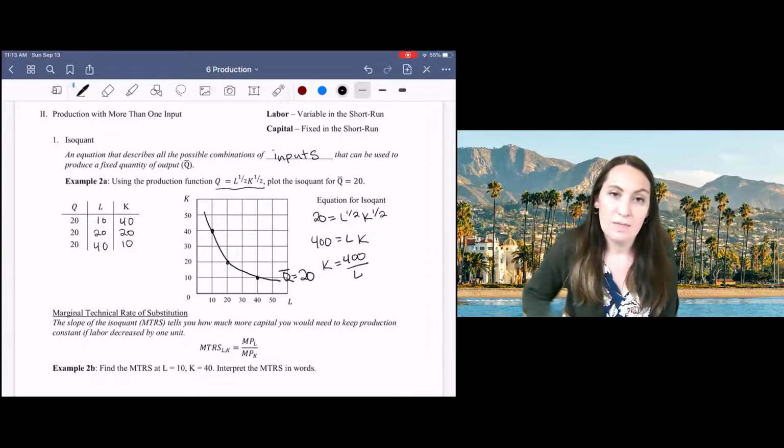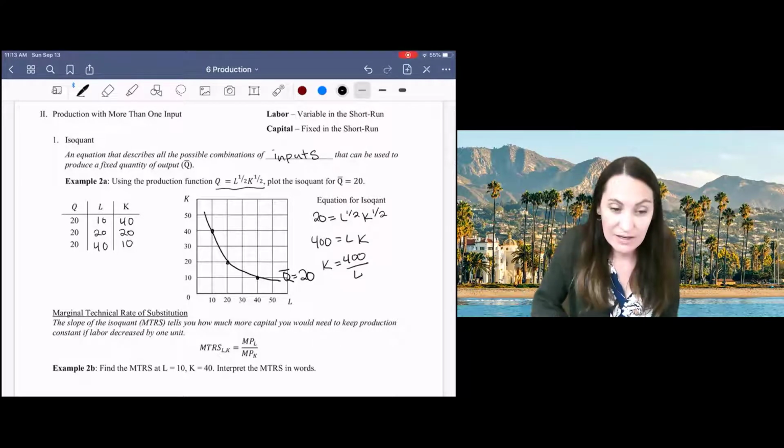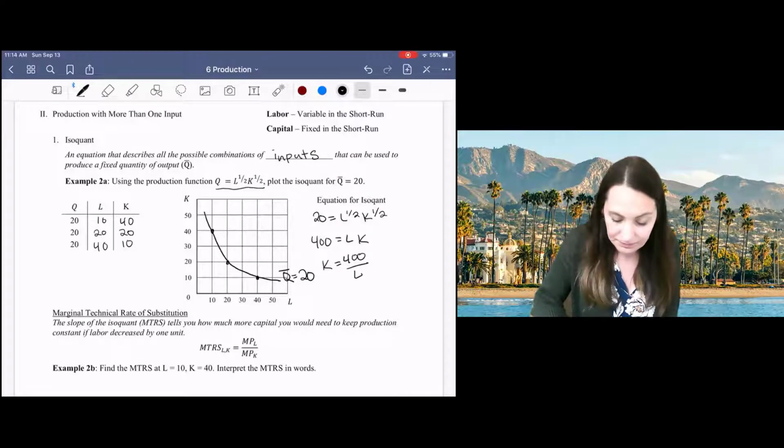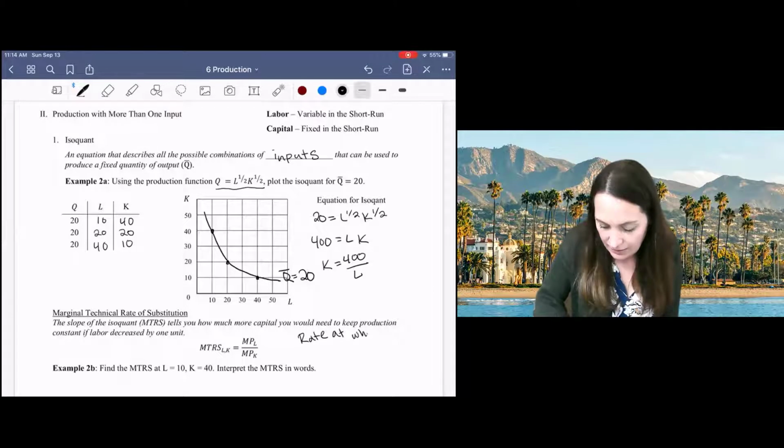And we find the marginal technical rate of substitution by taking the ratio of the marginal product of labor to the marginal product of capital. So this is the rate at which we need to substitute capital for labor in order to hold production constant.